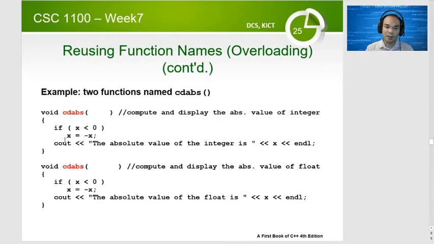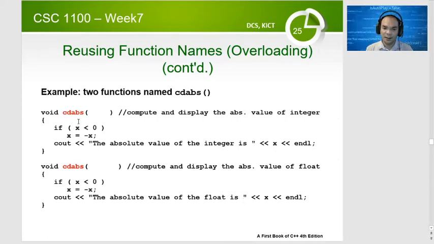So if you look at this, one considers x, and if x is negative, it will assign x equals negative x and return the value. The other one is similar, the absolute value of a float.